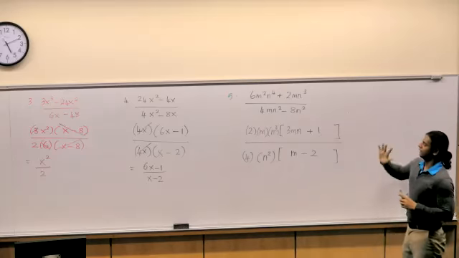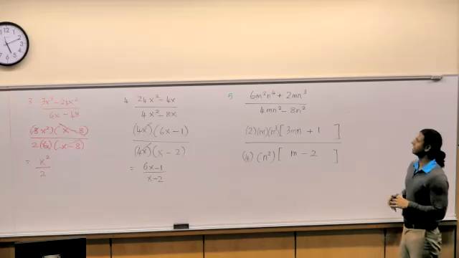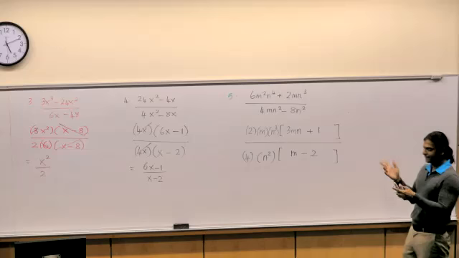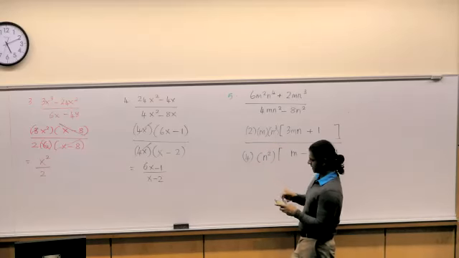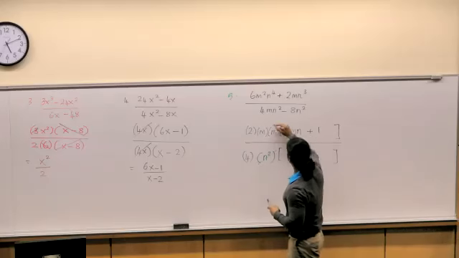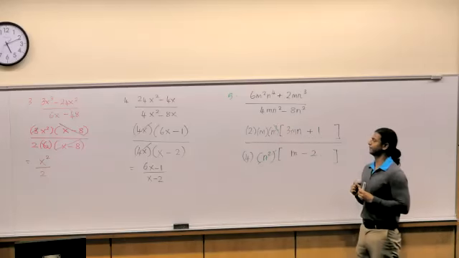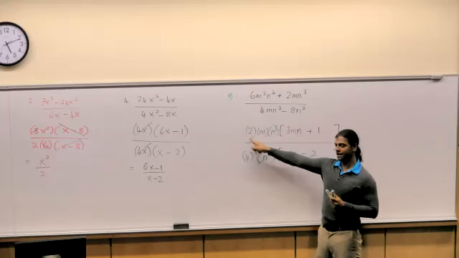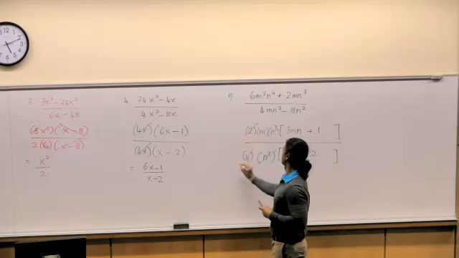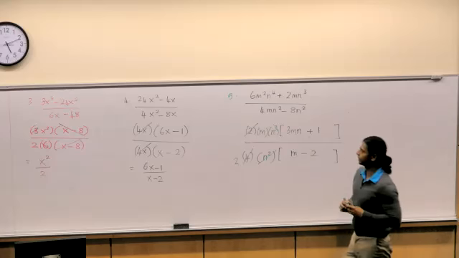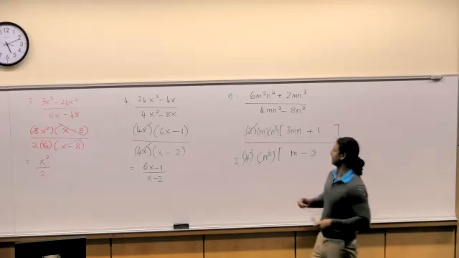Now, should we leave it as is? Could we cancel? We can cancel. N cubed divided by n squared leaves us with n. Numerator, I have 2. Denominator, I have 4. So I'll get a 2 in the denominator.